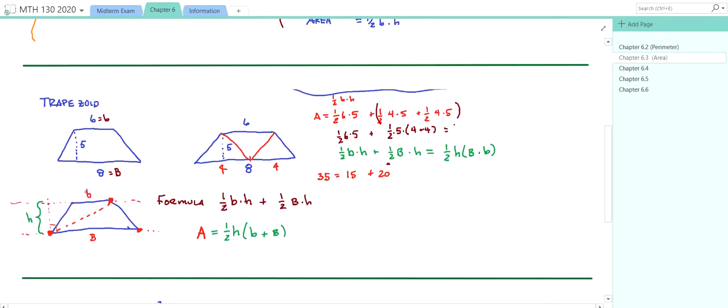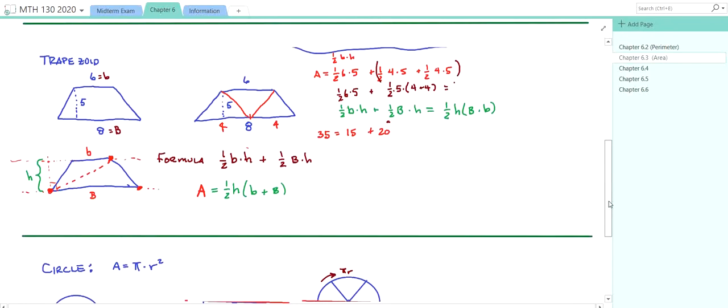You would have for the base of this top triangle the little b, and the base of the bottom triangle, you can make the big B. And that's just one way to do this. So then this is the height of both triangles, and you could split this up into the area of 2 triangles, which I did here. 1/2 base times height, 1/2 big B times h. So that was how we came to solve for that.